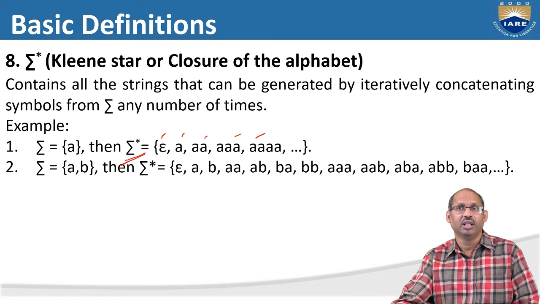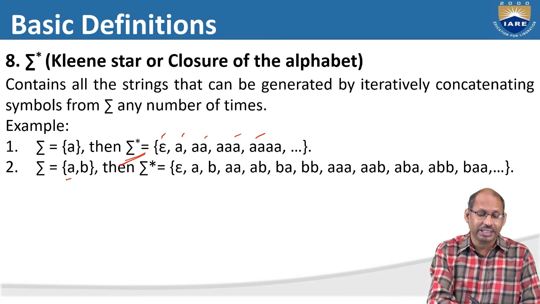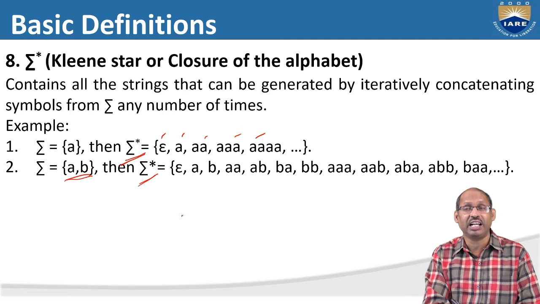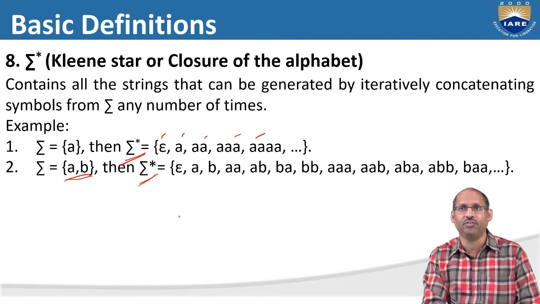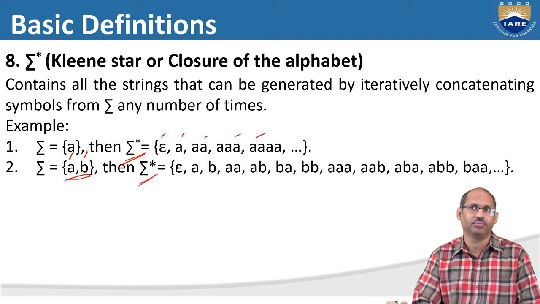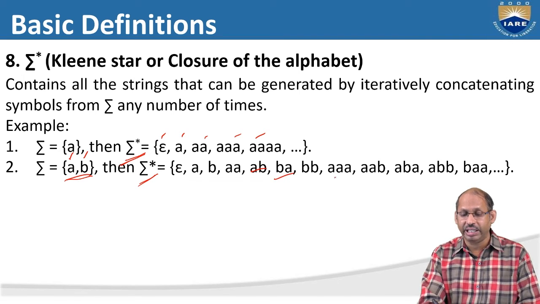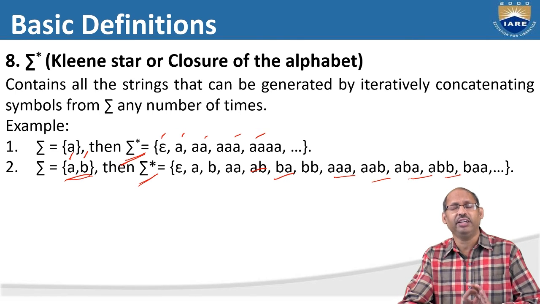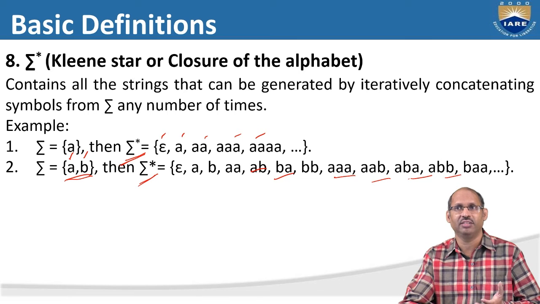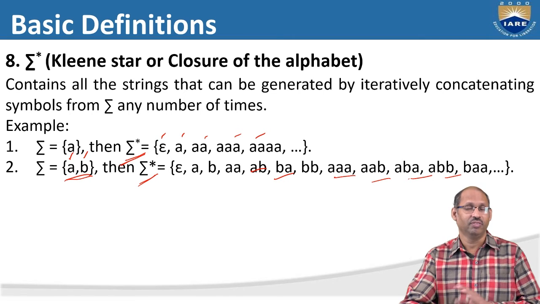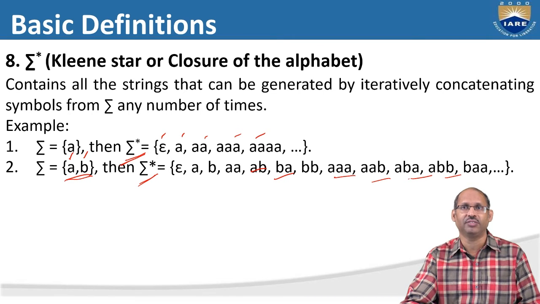If the alphabet is a comma b, then sigma star, the closure of the alphabet, is the strings constructed of any length from 0 to infinity from the symbols a, b: epsilon, a, b, aa, ab, ba, bb, and so on, strings of any length of characters from the symbols of the alphabet.